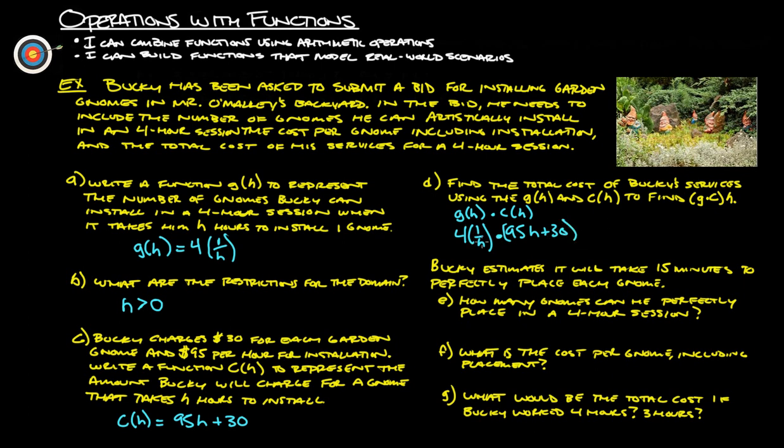So really, let's turn this 4 times 1 over H into 4 over H, because 4 times 1 is just 4, so that'll make it a little bit easier. So we're going to do 4 over H times 95H plus 4 over H times 30. Okay, so on this first one here, the H's are going to cancel out, so we just have 4 times 95.